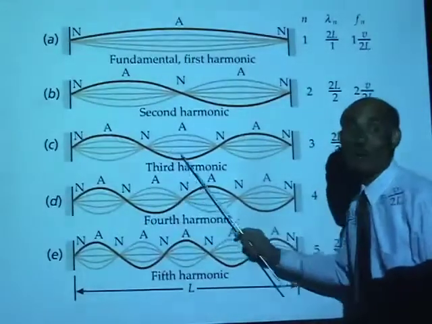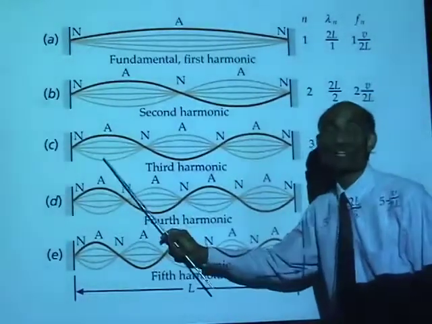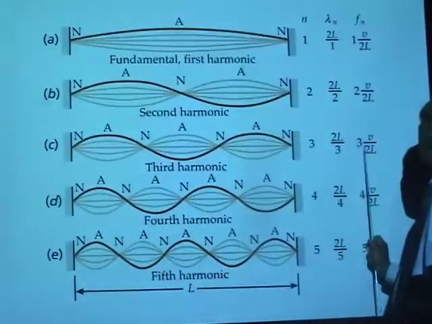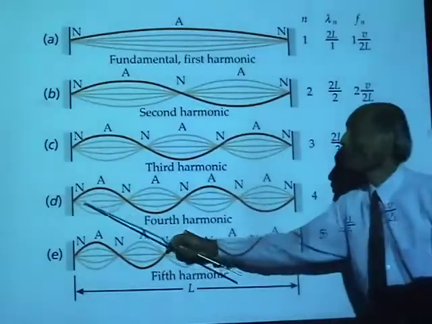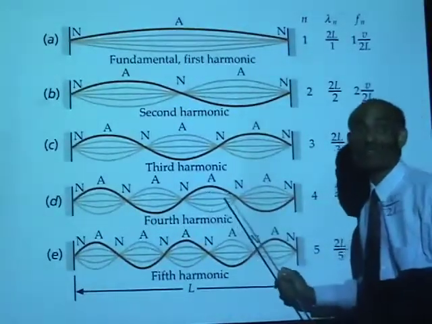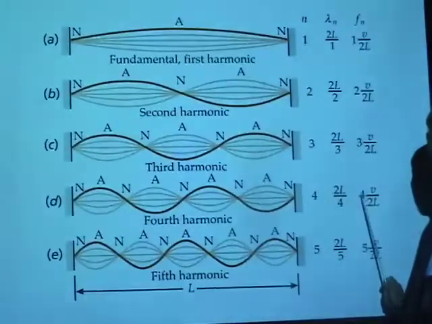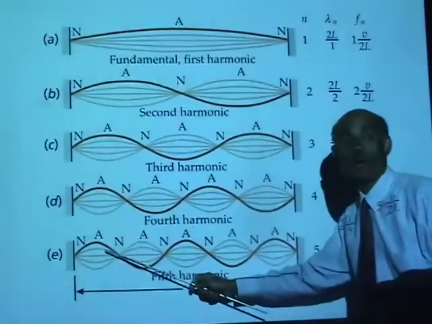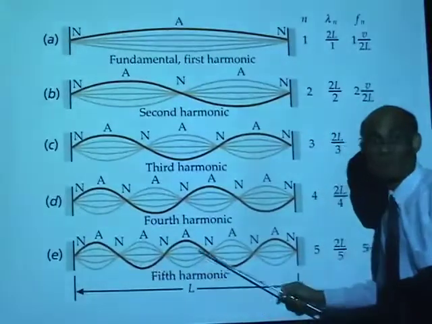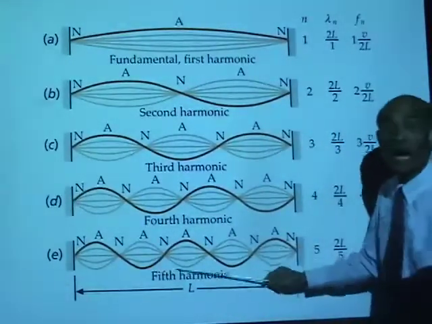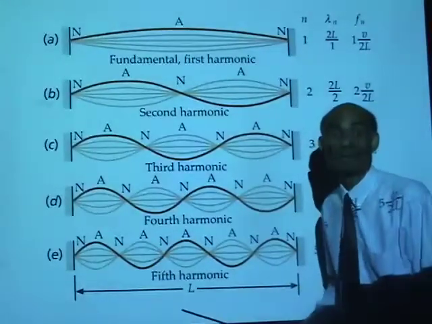The third harmonic, the string vibrates in 3 segments. The frequency is 3 times the fundamental. The fourth harmonic, the string vibrates in 4 segments. The frequency is 4 times the fundamental. Fifth harmonic, the frequency is 5 times the fundamental, and so on.